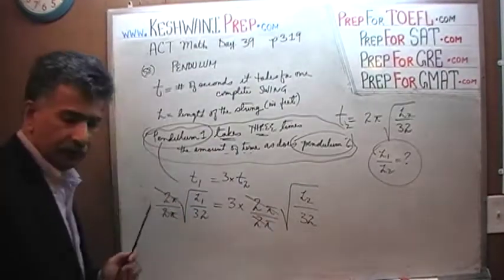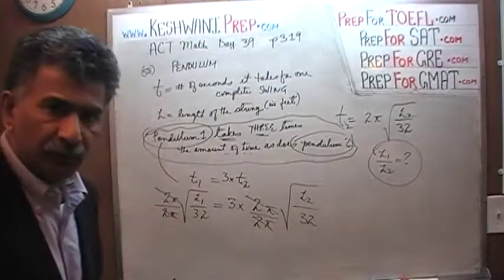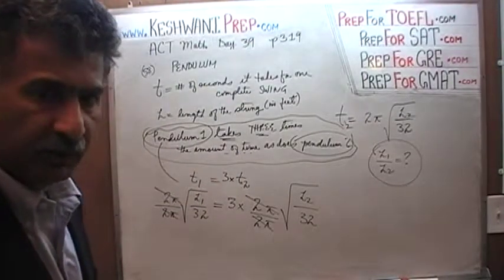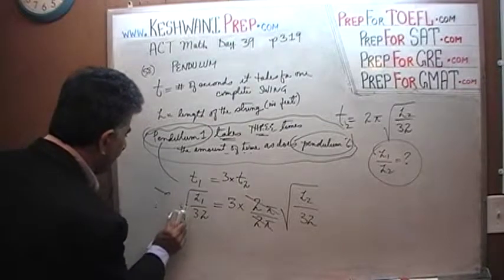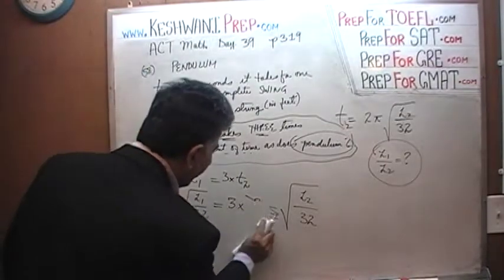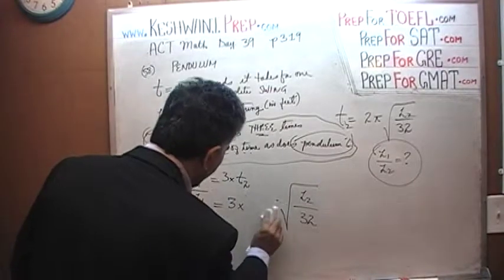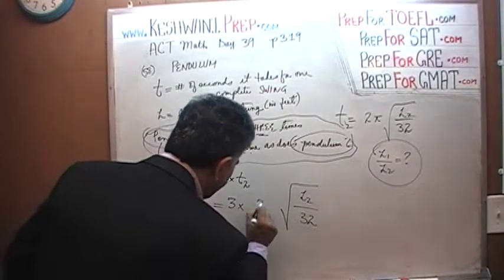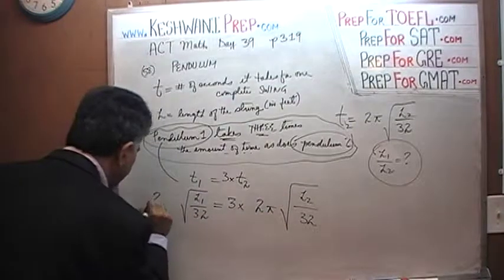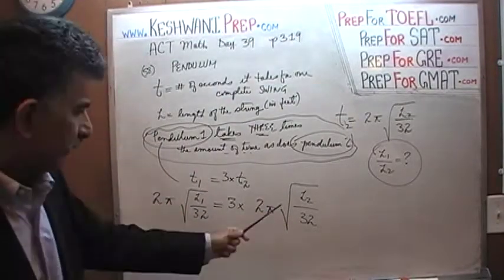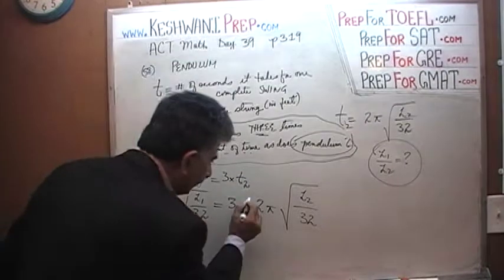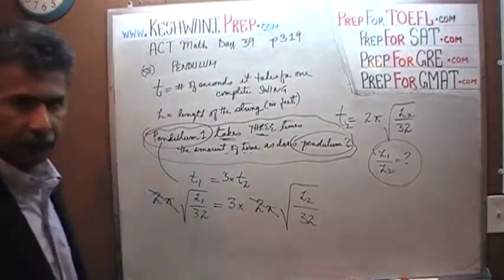But we shouldn't have to do it in a baby way. Let's do it in a grown-up way. If we divide both sides by 2 pi, this 2 pi drops out and this 2 pi drops out.